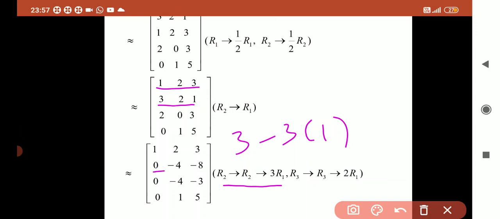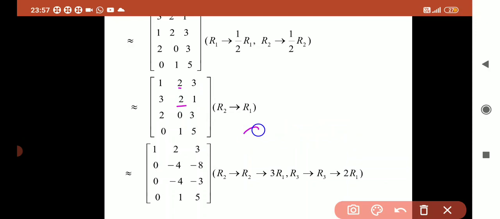The second element is 2 minus 3 times 2, that is 2 minus 6, which is minus 4. And the last element is 1 minus 3 times 3, that is 1 minus 9, which is minus 8.